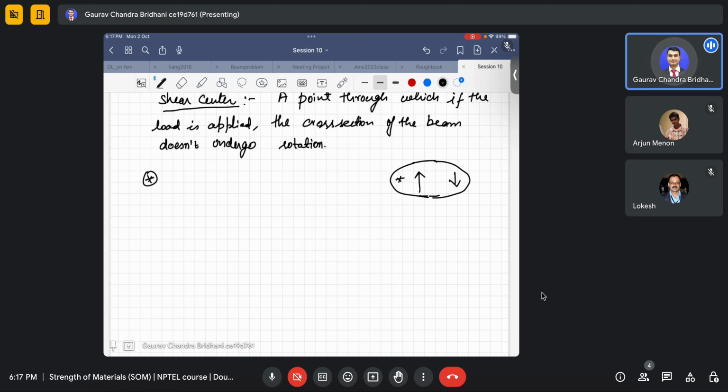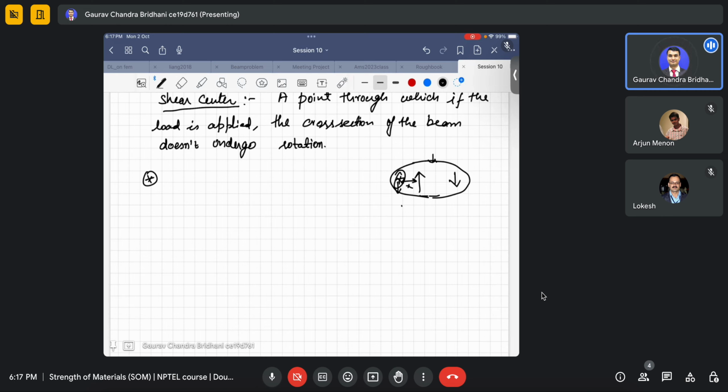I'll take a point, and then I will define those distances x and y of that point with respect to the forces, and then I find the total moment due to these shear flows and applied load about this point, and I put it as 0.